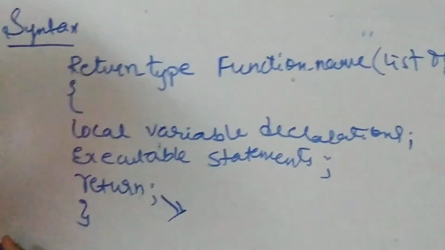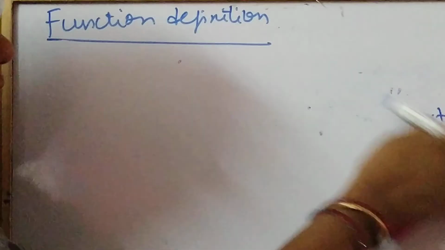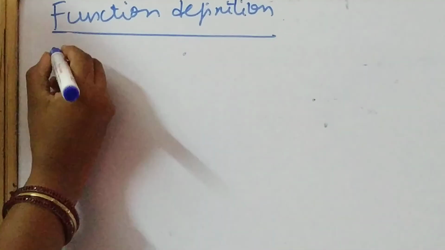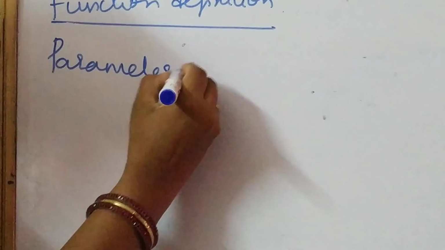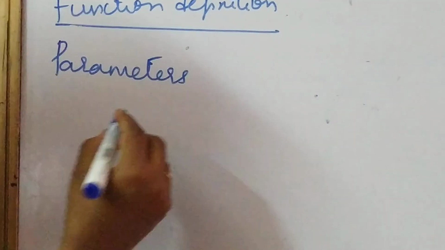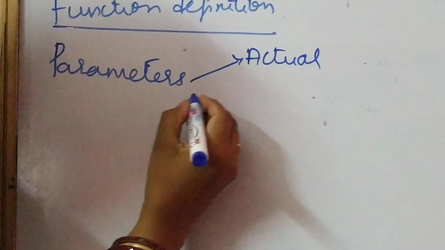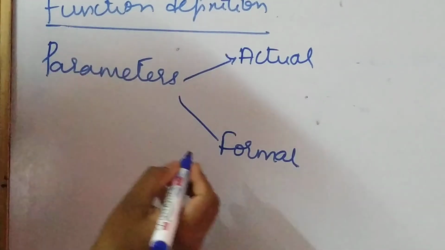So here in functions, again you are going to learn two types: actual parameters and formal parameters.